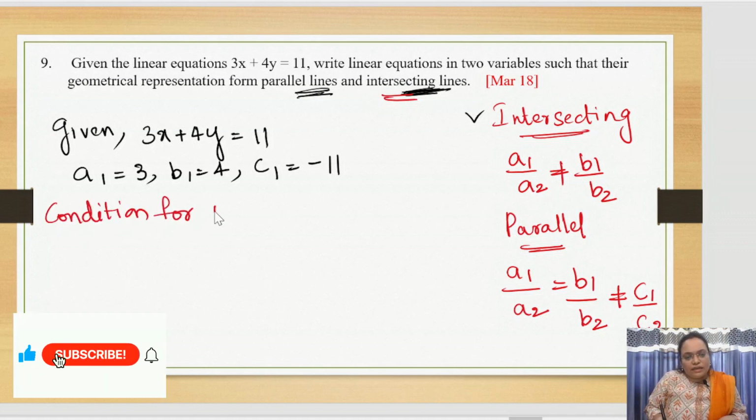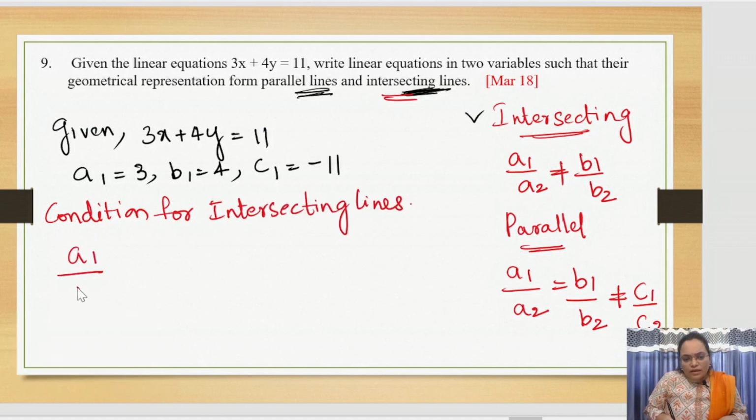The condition for intersecting lines is that a1 by a2 is not equal to b1 by b2. Now let us find another equation which satisfies this condition.